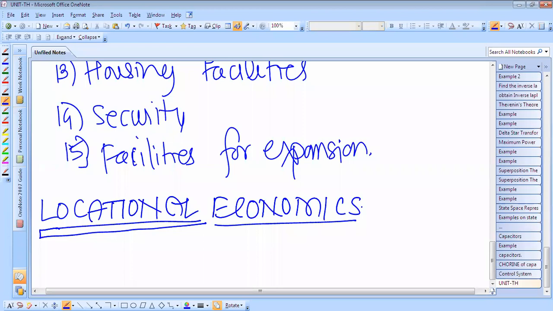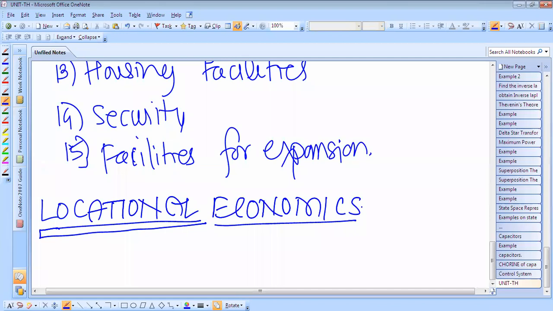Distribution means once the finished product is produced, we have to distribute it to the market. So the least distribution cost per unit should also be there. That plant we can call an ideal plant, meaning production cost is low and distribution cost is also low per unit. That plant we can call an ideal plant location.